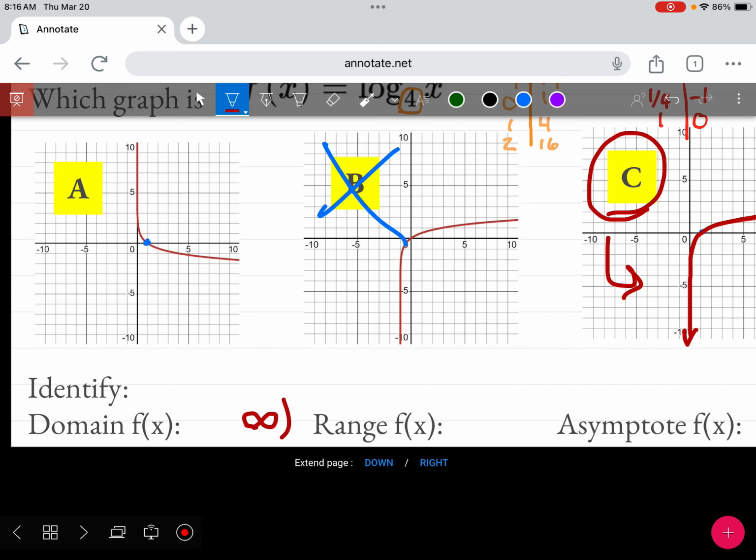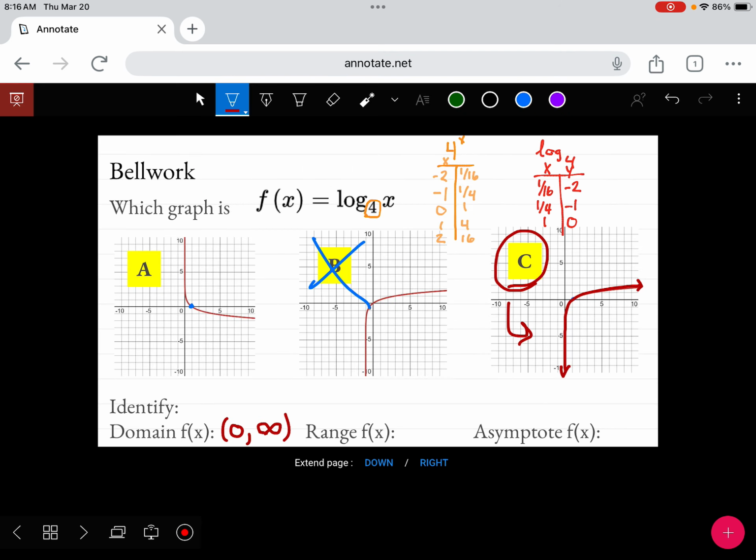Does it go all the way over to negative infinity, all the way over here? No. Where does it stop? At 0. So our domain is going to be from 0 to infinity.